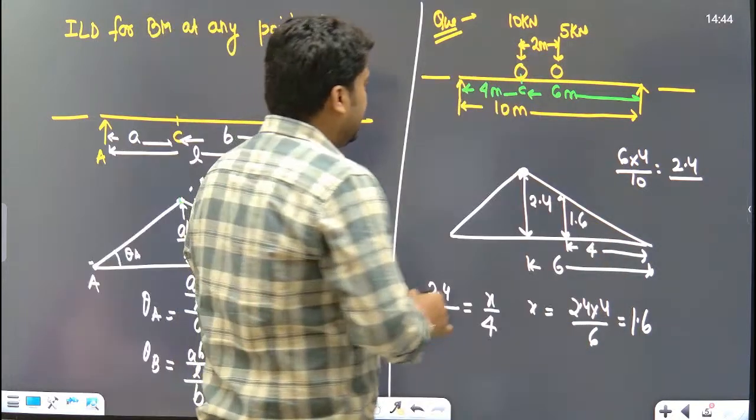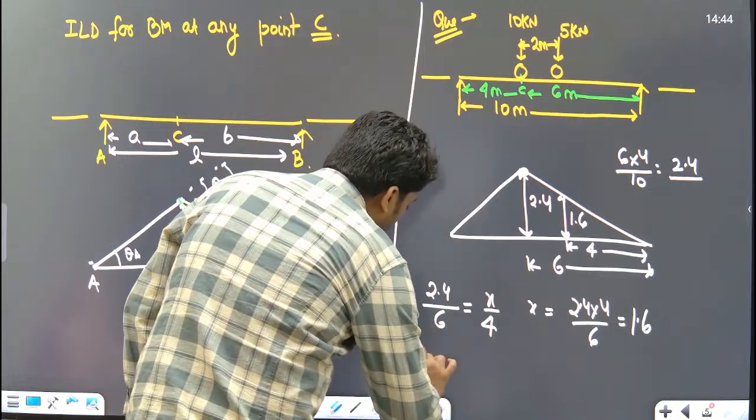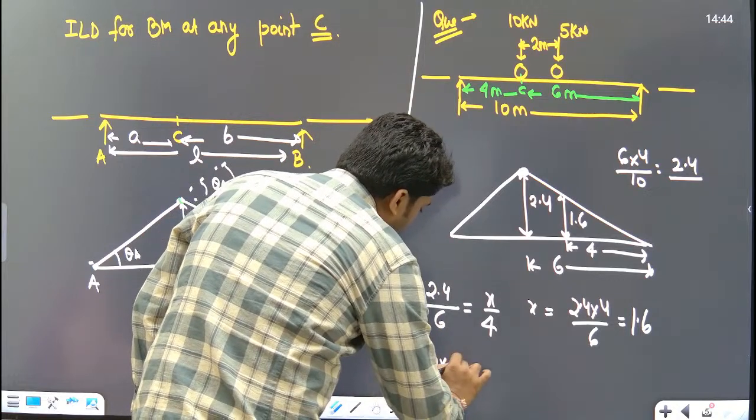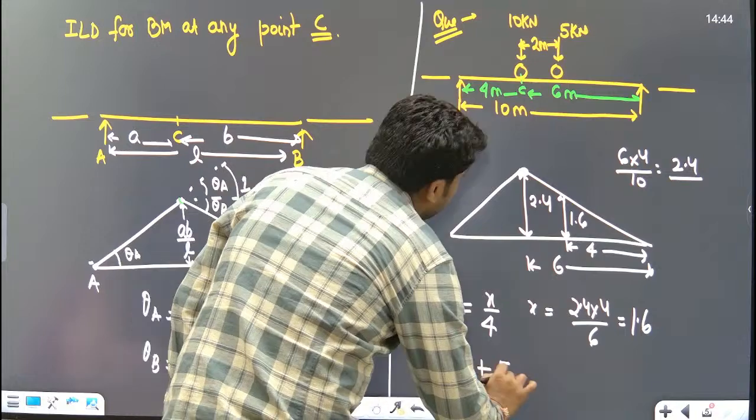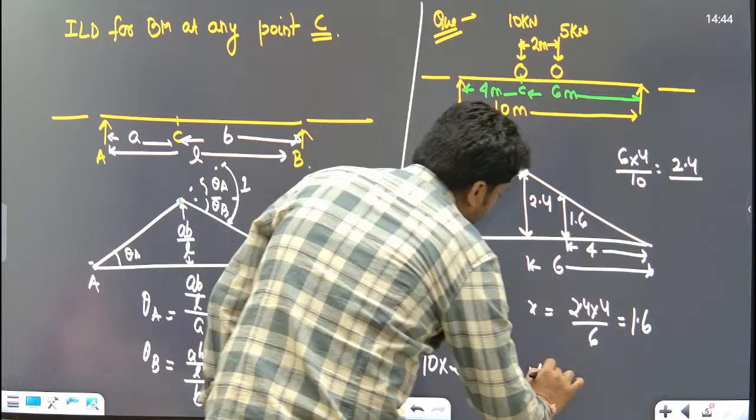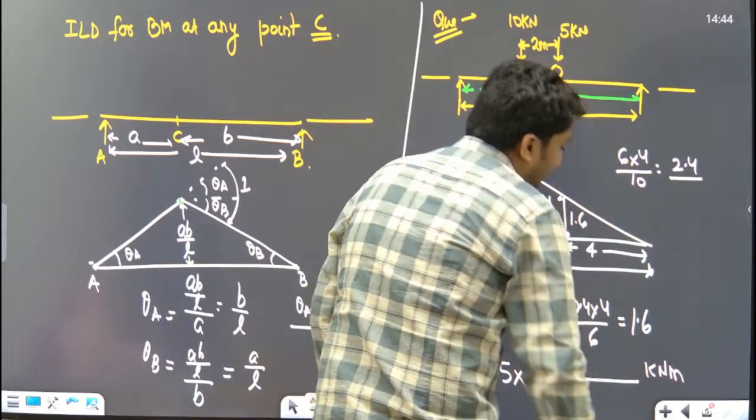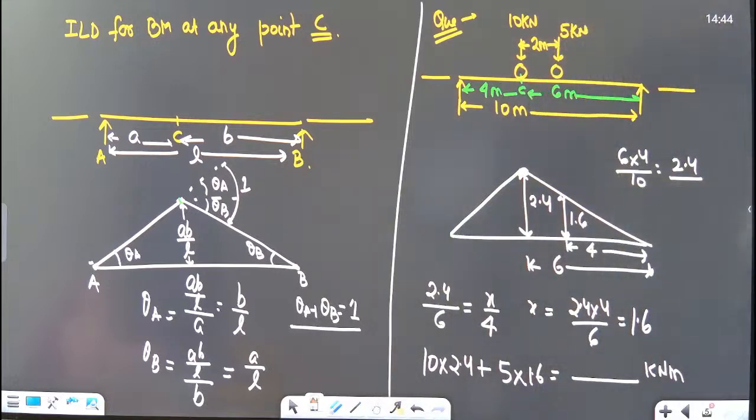Maximum bending moment will be 10 into 2.4 plus 5 into 1.6. So this is your answer, in kilonewton meter. Find out the answer. What will be the answer for this?